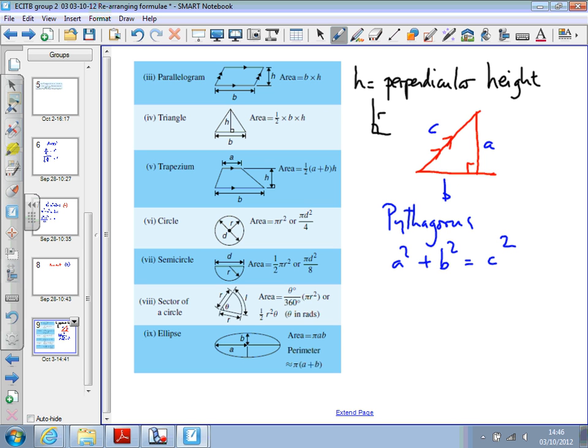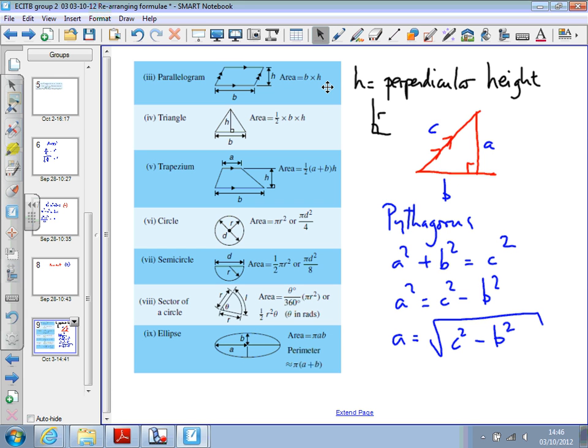Take away b squared, George. So a squared equals c squared minus b squared. I'm after a, which is squared, so what do I do? Square root. So a equals the square root of c squared minus b squared.